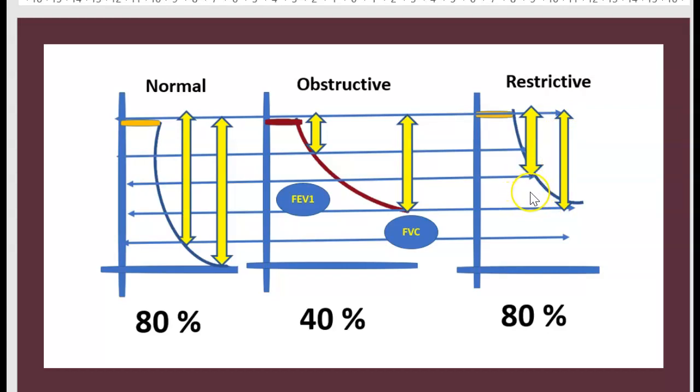As a result, in restrictive disease, the ratio is the same. Obstructive is under 80%, restrictive and normal around 80%.